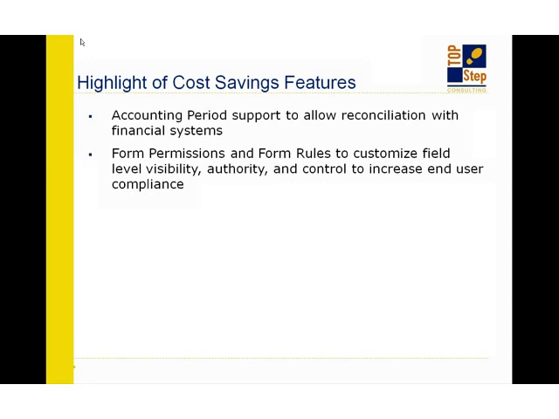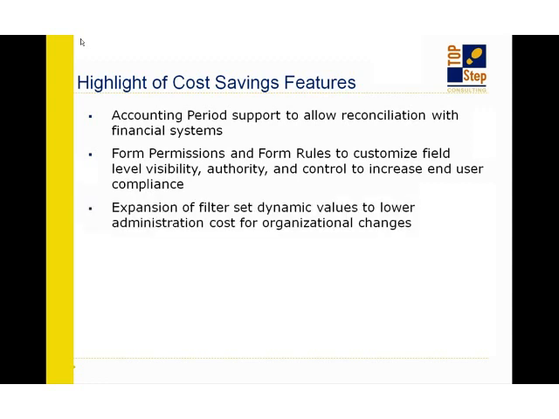And so a services person using the system has a very different view than what an R&D person does, for example. So the form permissions and rules really make it a nice way to customize a system, and there's a time saving for IT as well as the end users, because if you're not using these, there's probably a few fields that people skip over all the time because they know they don't apply to them. So take an opportunity and clean that up.